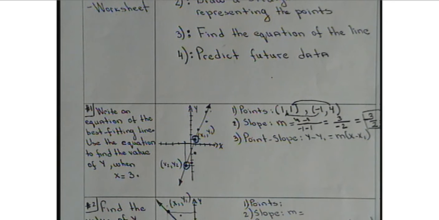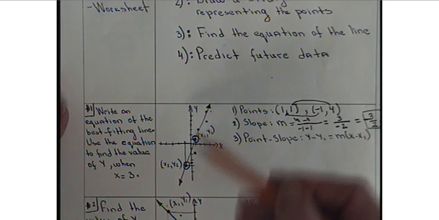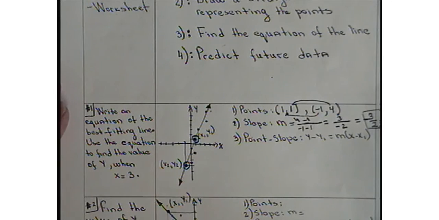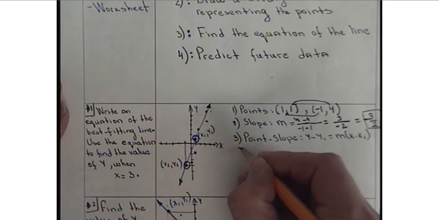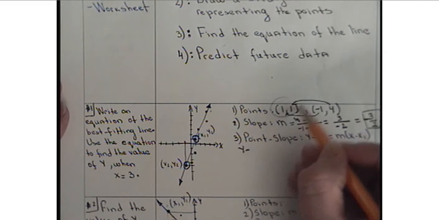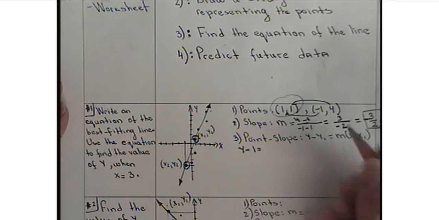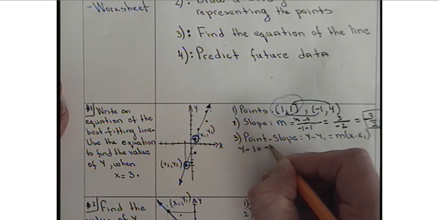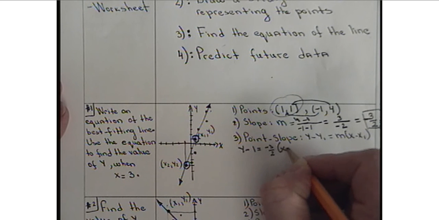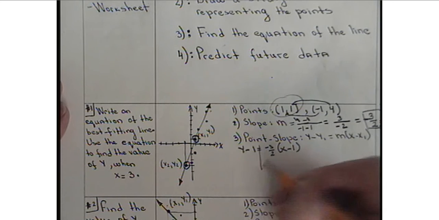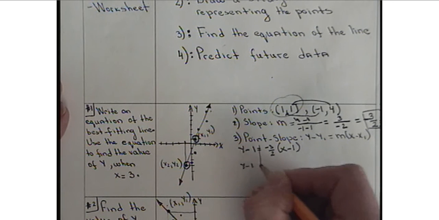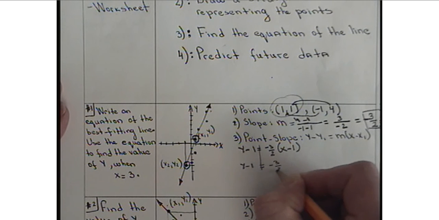Next thing, we're going to substitute into point slope form in order to write the equation for this line of best fit. So y minus, let's work with the first point, (1, 1), so it will be y minus 1 is equal to negative 3 over 2 times (x minus 1). I'm going to solve this equation, so y minus 1 is equal to negative 3 over 2x.